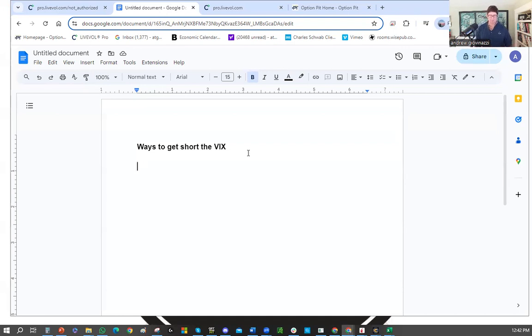Today, a couple of things we want to cover on getting short the VIX. We'll talk about the VIX curve only broadly. Again, we'll talk about the zones. Remember the zones, there are four zones, 1, 2, 3, and 4, and that's just the four quartiles of VIX.